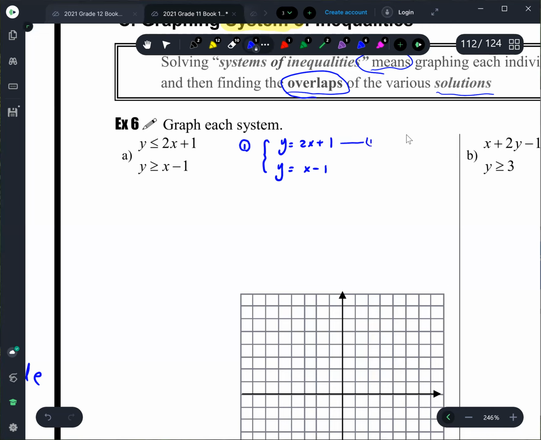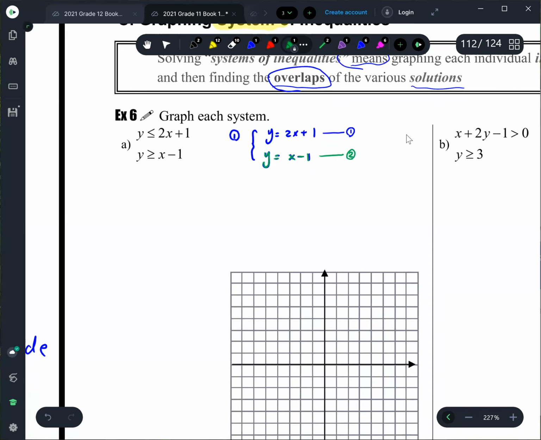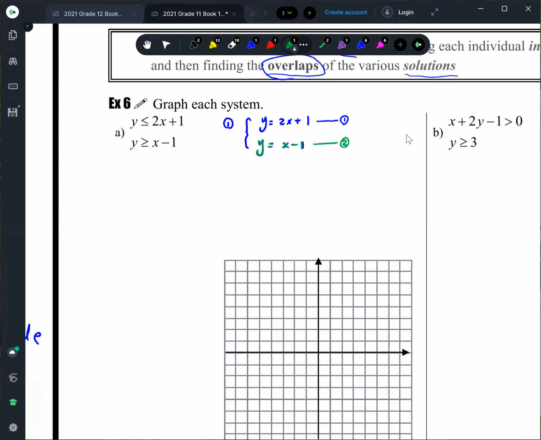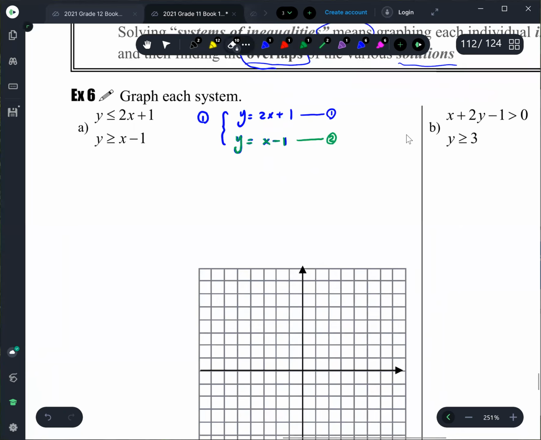Second one, I use the green to draw. It's a straight line, and it's already in slope y-intercept form, so pretty easy. So let's check the slope.